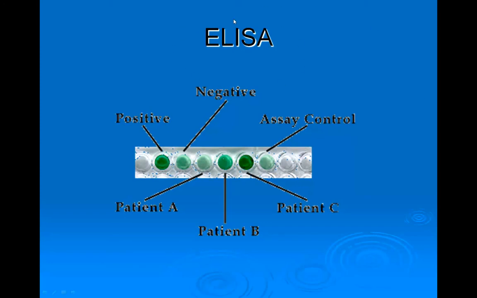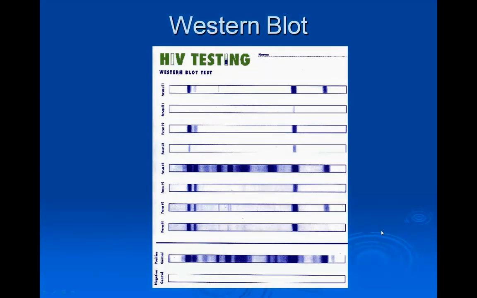They're going to test that using ELISA, and if anything shows up as a positive or an equivocal or indeterminate, they're going to repeat that using Western blot. So I bet you can expect that if someone tested positive in an HIV test using Western blot, they would repeat that test using maybe ELISA.